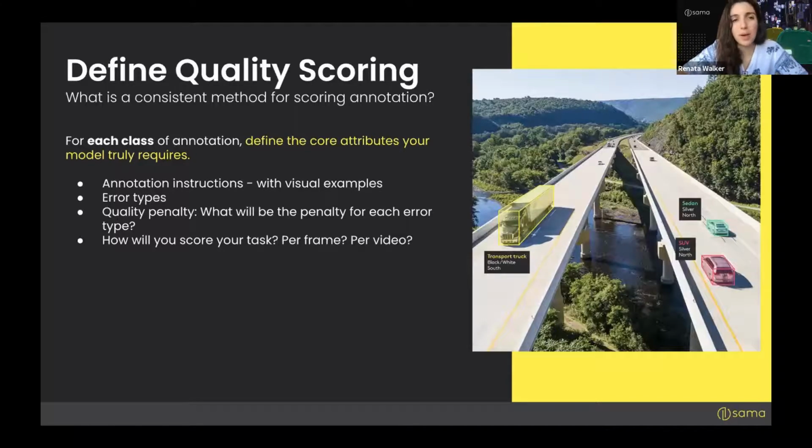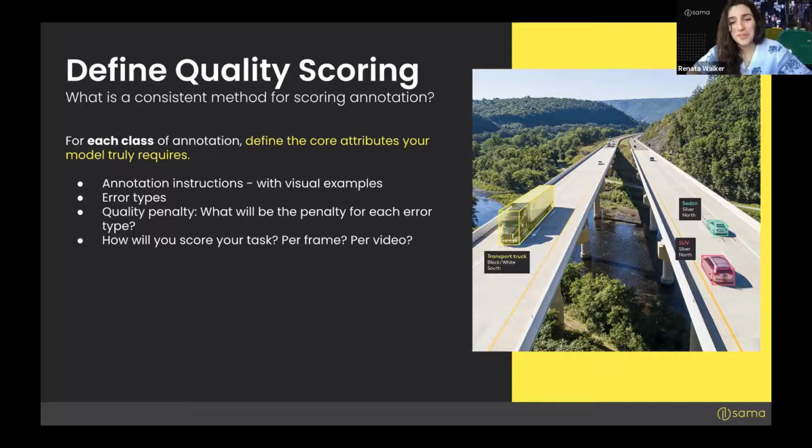Now that we thought about the product, the sensor limitations or your system's limitations, we can start thinking about quality scoring. So what will be a consistent method for scoring your annotation? For each class of annotations, you have to define the core attributes that your model truly requires.